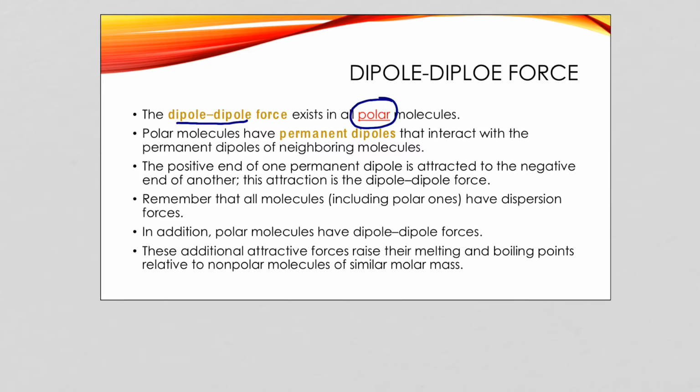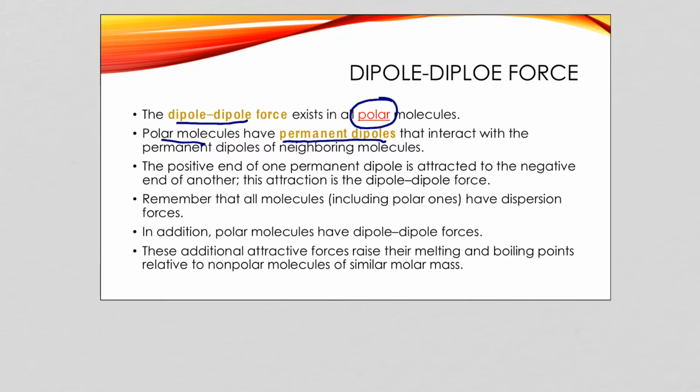Now, why? Well, because polar molecules have not just these instantaneous dipoles that are created when we have dispersion forces, which we call temporary dipoles. Polar molecules have permanent dipoles, right? They have a positive and negative part of the molecule. And so the fact that those dipoles are permanent means they can create those positive-negative interactions between molecules, but they're not fleeting.